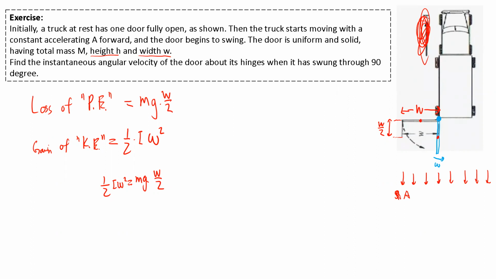If you really want to solve it, I is given by 1/2 m W squared, actually, I'm sorry, in this case it is 1/3. So then omega actually is the square root of 3g divided by W.